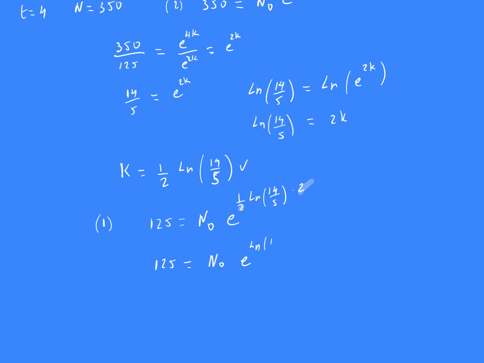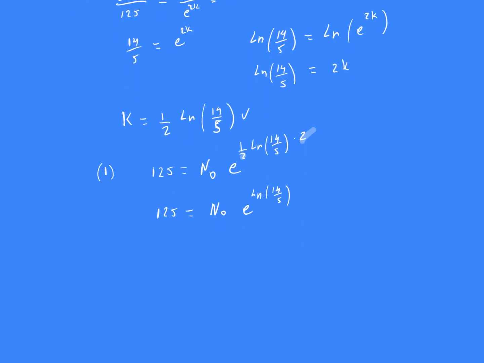And what is e to the natural log of 14 divided by 5? It is 14 divided by 5.